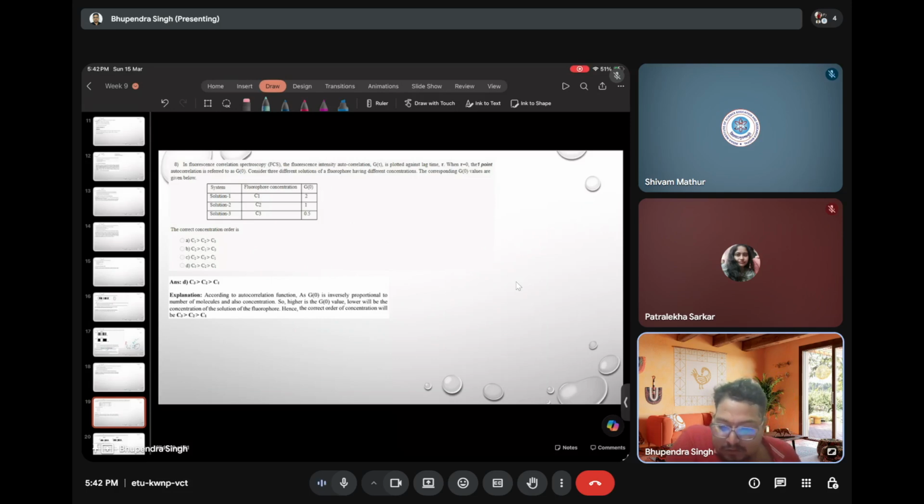The corresponding G0 values are given below. For solution C1, G0 is 2, solution 2 is 1, solution 3 is 0.5. What is the correct concentration order?